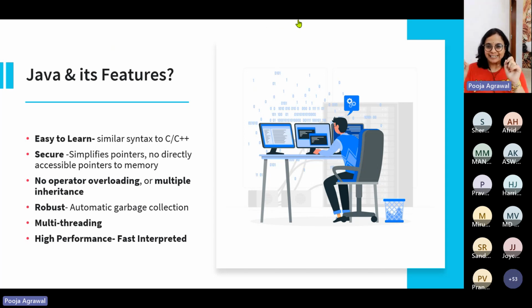If you know threads, then you may also know that when we talk about running multiple applications in the same system, like you do today, you're running this session on Teams, and then you're also running an application which is getting set up onto your systems. Similarly, if you are searching something on the browser, those are three different threads that are being created, and you are actually using them to do multiple tasks at the same time.